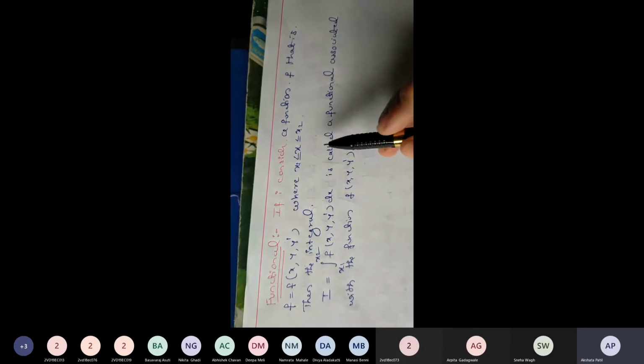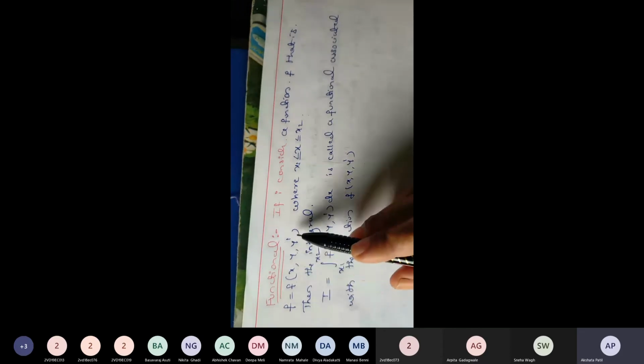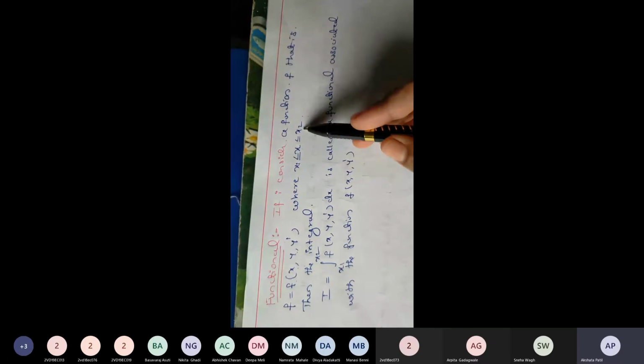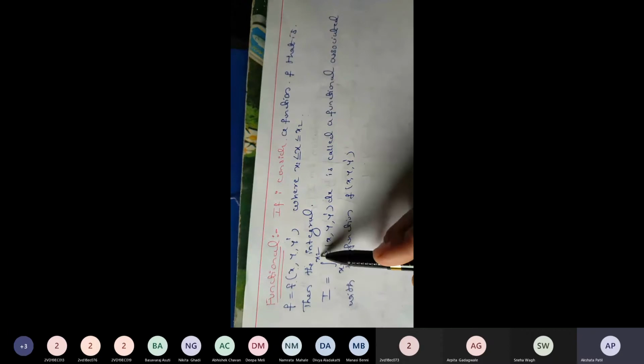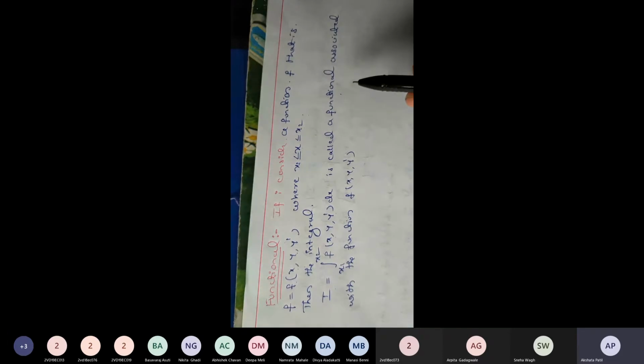Once again I will recall the definition of functional. Functional is nothing but the integral value of the function with given boundary condition. So this is the boundary condition they have given. Here I have written: consider a function f equals the function of x comma y dash, where x lies between x1 and x2, then the integral capital I, which equals the integration over x1 to x2 of f of x comma y dash into dx, is called a functional associated with the function f of x comma y dash.